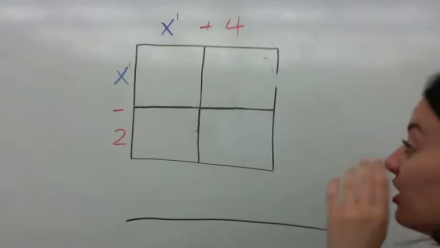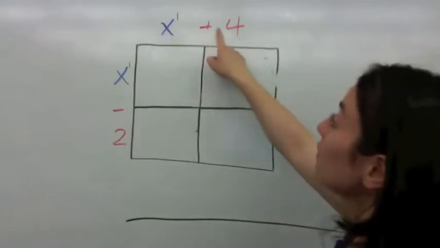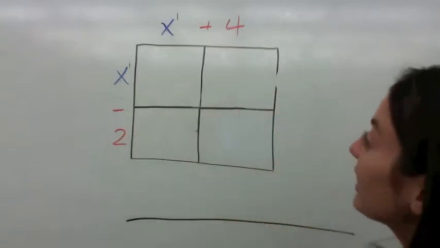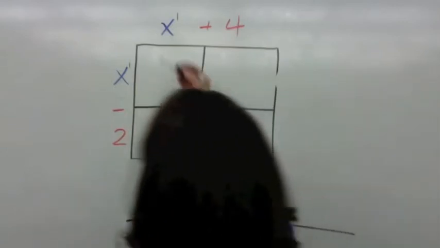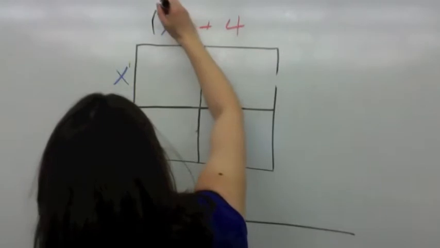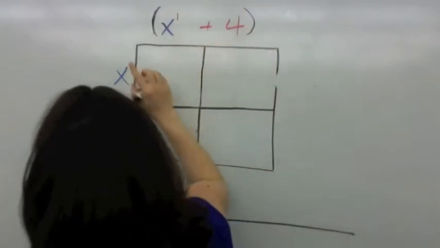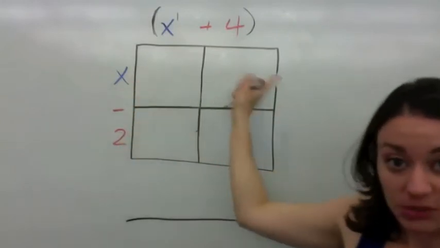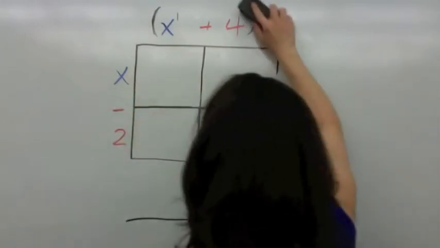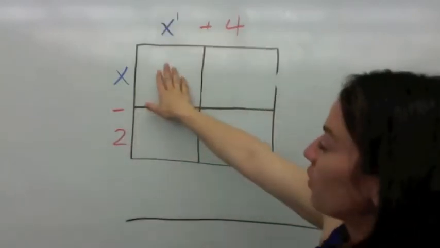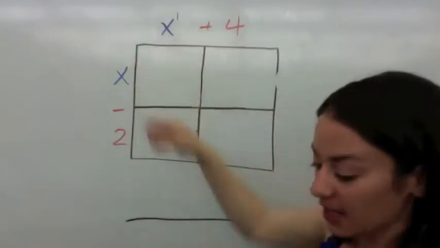Now let's take a look at when we have one positive coefficient and one negative coefficient. Again, these are really parentheses. They're saying the quantity of x plus 4 times the quantity of x minus 2. But we're not going to put parentheses. First we look at this square, which is always x times x.